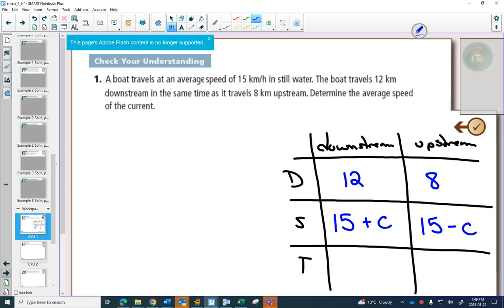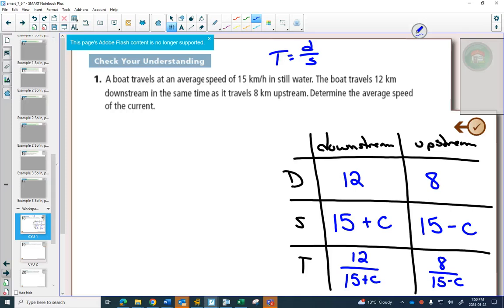Now with our formulas, we know that time was distance over speed, so we can complete our chart with our formulas. Now we want to find that current, we have to create an equation.